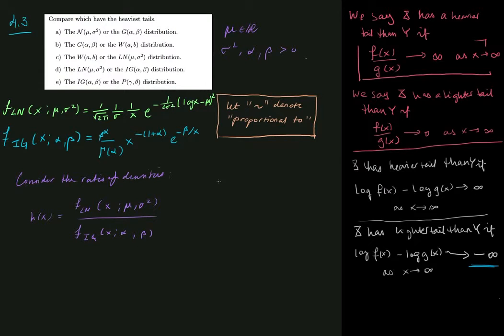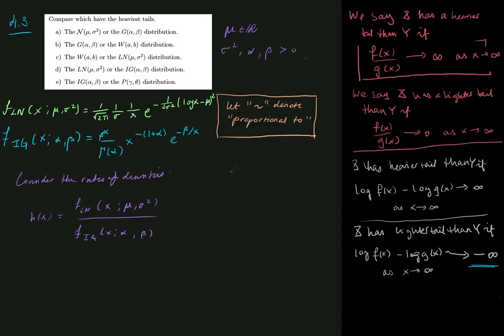So again, if this ratio tends to infinity as x tends to infinity, then the log normal distribution is the one with the heavier tail. However, if the ratio tends towards 0, then the inverse gamma distribution has the heaviest tail.